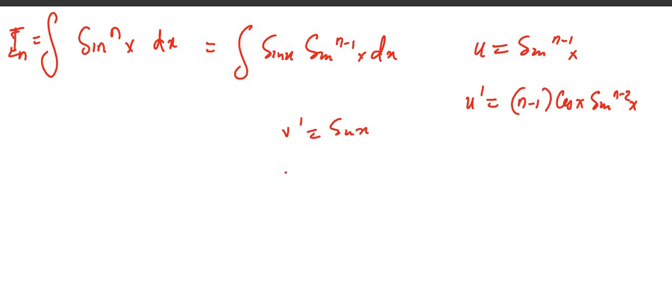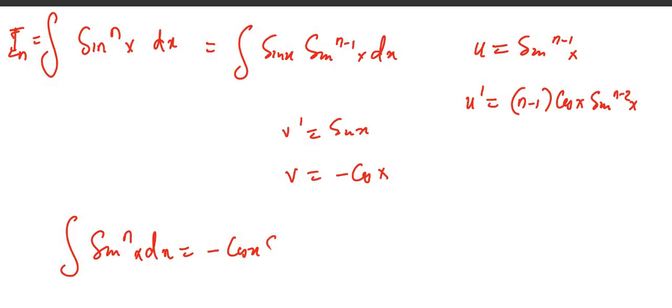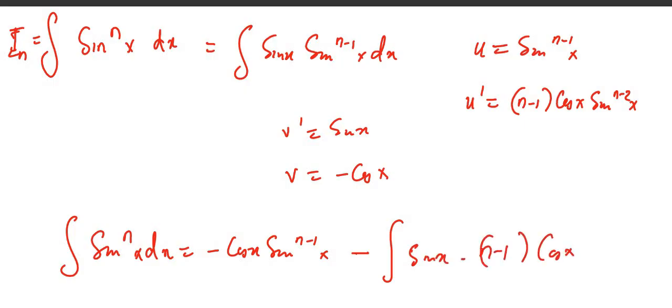Then here you're going to have the v, which is the integral of sine, which gives us negative cos x. So we can now apply, of course, integration by parts. So the integral of sine n x dx is the same as the v times the u, which is negative cos x, then I have sine n minus 1 of x. Then this side I'm having a minus, v times u prime, this is cos x, this is sine n minus 2 of x dx.